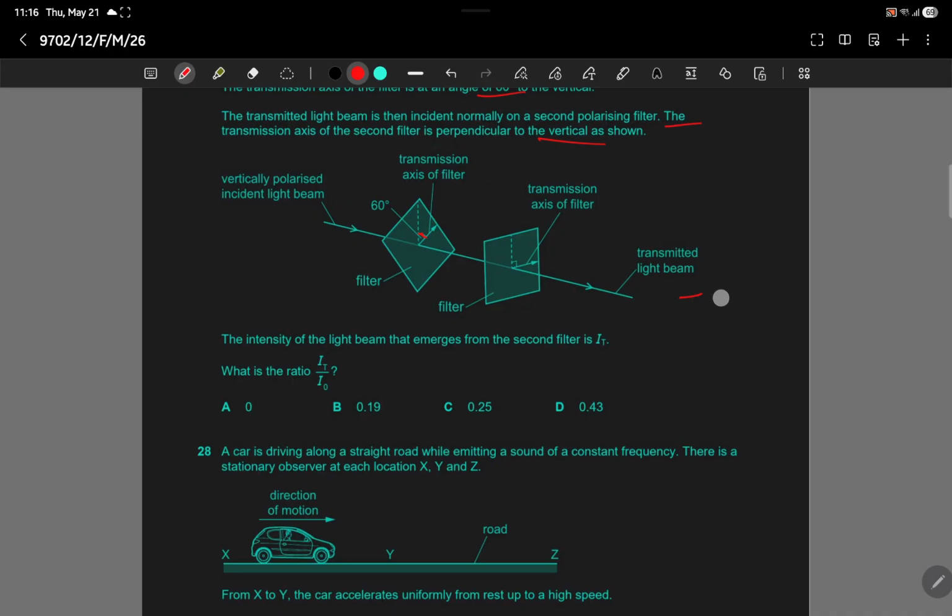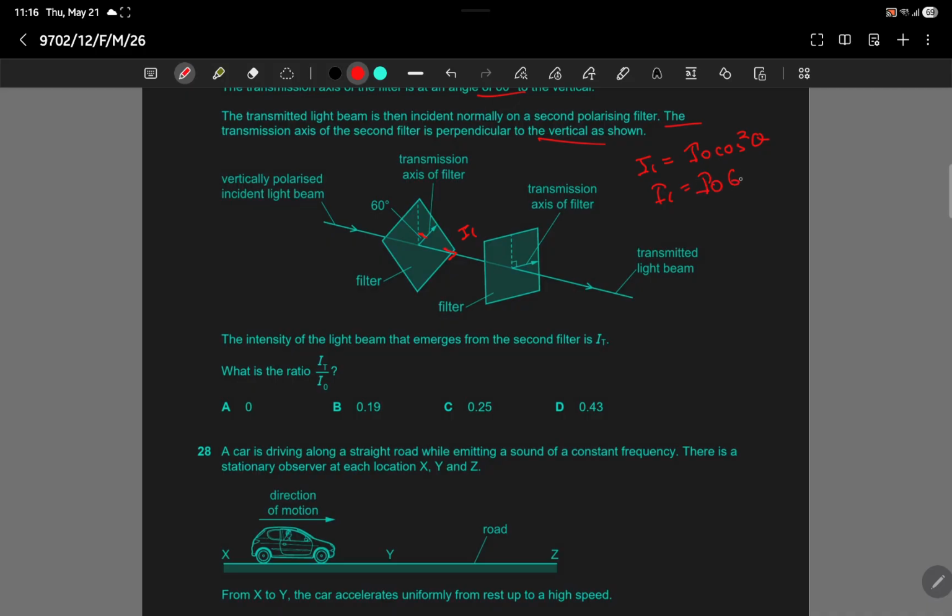So we have to use Malus's law here. Let's call this I1. So I1 is I naught cos squared theta. Over here, theta is the difference between the direction of the polarized light and the transmission axis of the filter, which is 60 degrees.